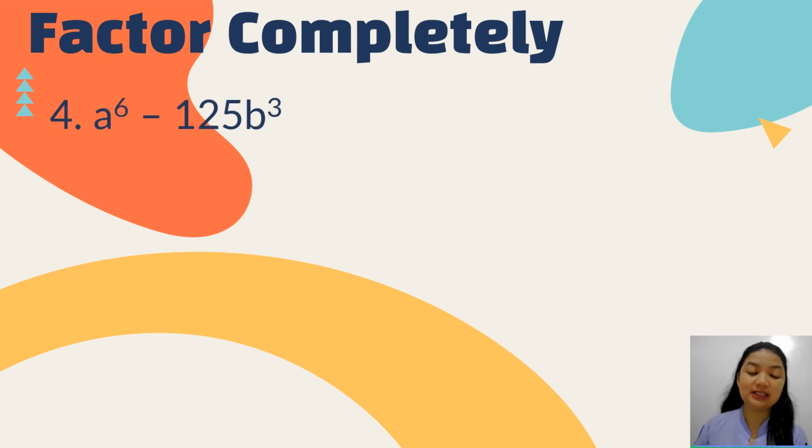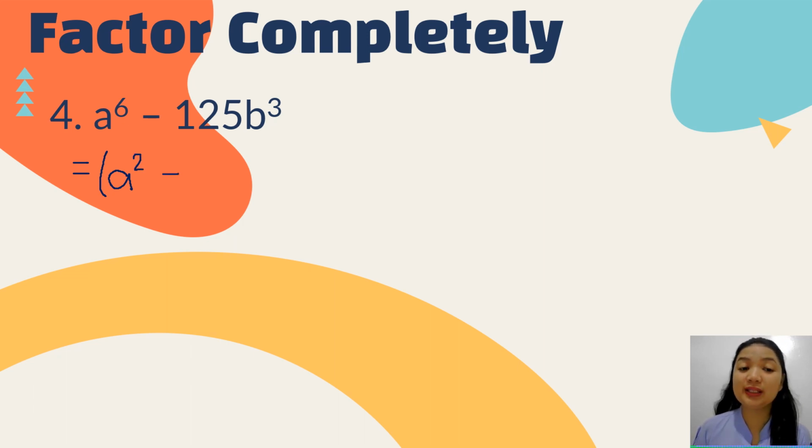How about this? a to the 6 minus 125b cubed. So let us get the cube root of a to the 6. We simply divide the exponent by 3. So 6 divided by 3 will give us 2. So the cube root of a to the 6 is a squared.